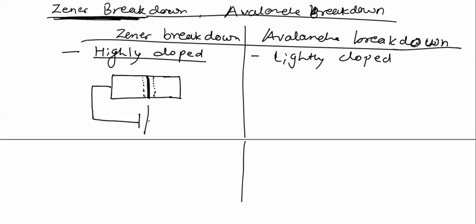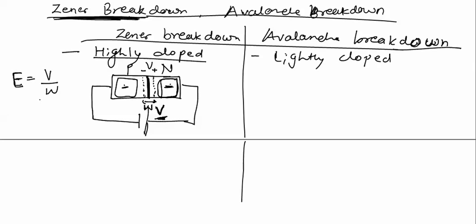We have biased this diode in the reverse direction, and almost all the applied voltage V will drop across this depletion layer, because the other regions are conducting, so the drop there will be very less and we can neglect it. The depletion layer width is W, and the electric field acting on the depletion layer can be calculated as V upon W. If W is very less, then the electric field will be very strong.